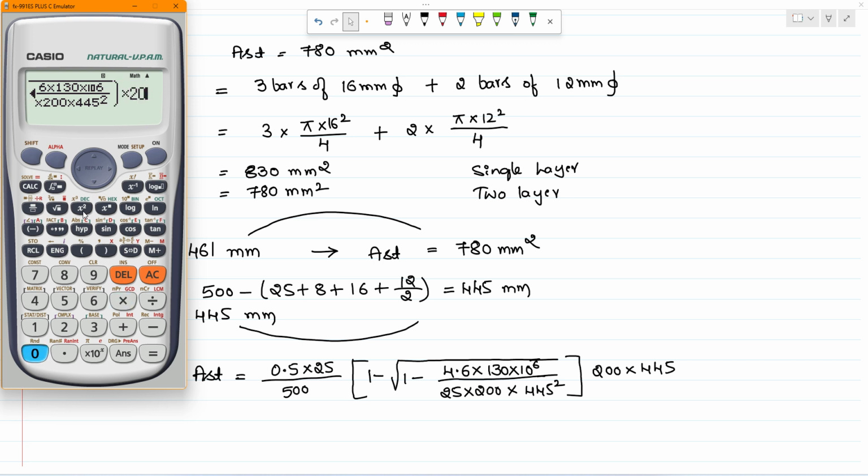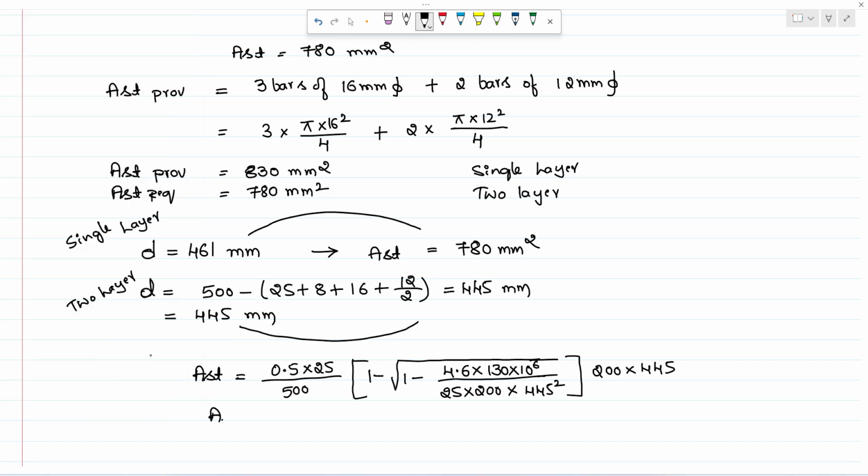So into 200 into 445. So you need 824. So AST equals 825 mm square.